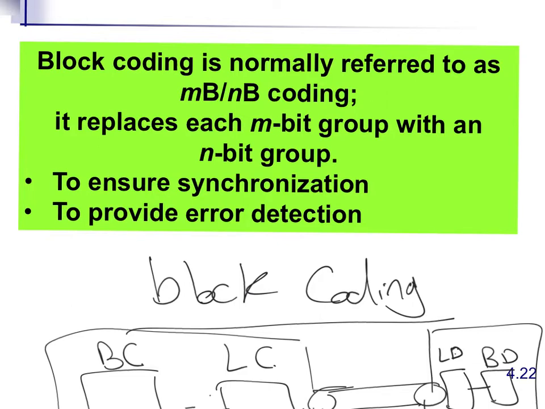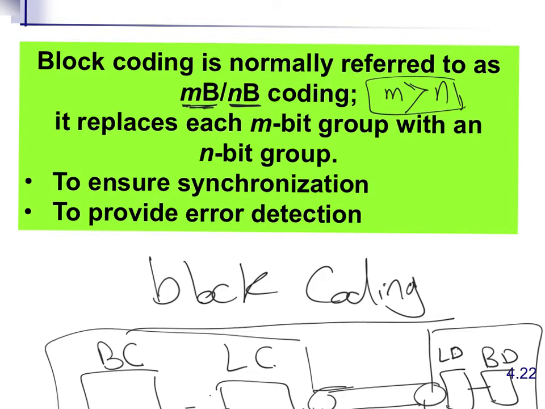We will try to avoid the consecutive ones and the consecutive zeros, specifically for line coding schemes that use the same voltage level for 0 and the same voltage level for 1. So in block coding, we will represent each n bits from the input bits by m bits, such that m is greater than n.